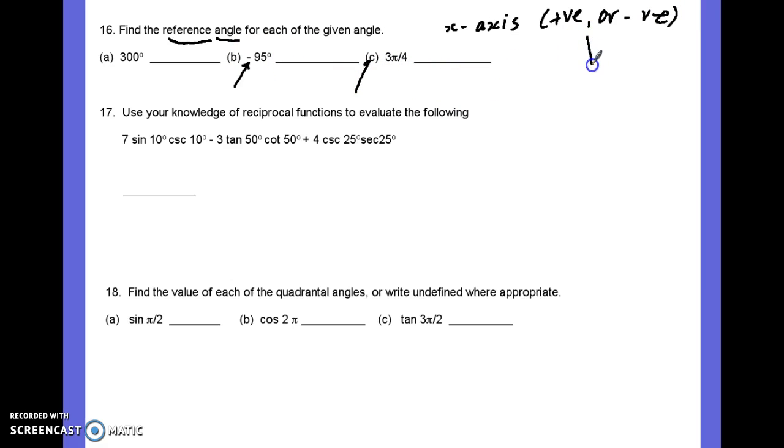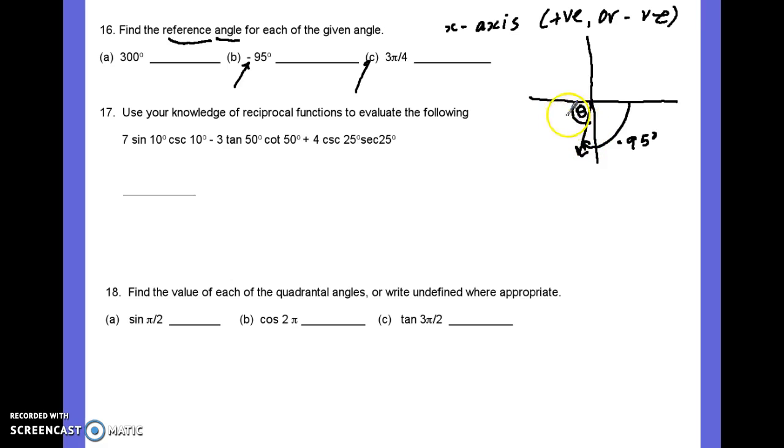Negative 95 degrees. Let me set up a coordinate plane here. Negative 95 would take me here. Negative 90 and 5 would be here. This is negative 95. So I draw a ray to this position right here. And my reference angle would be theta right here. This is the angle which would take me from negative 95 to 180.